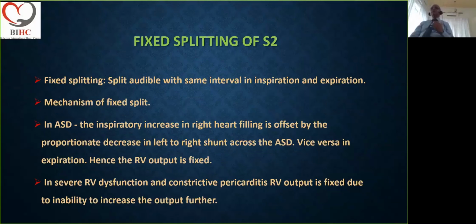In constrictive pericarditis, the moment the RV tries to dilate in inspiration, the constricted pericardium says no. So the extent to which there can be any variation in the RV input is limited, and therefore the second sound can have a fixed split. So severe RV dysfunction and constrictive pericarditis would also be causes for a fixed split. But in these instances, the fixed split is not as wide as you would get in ASD.